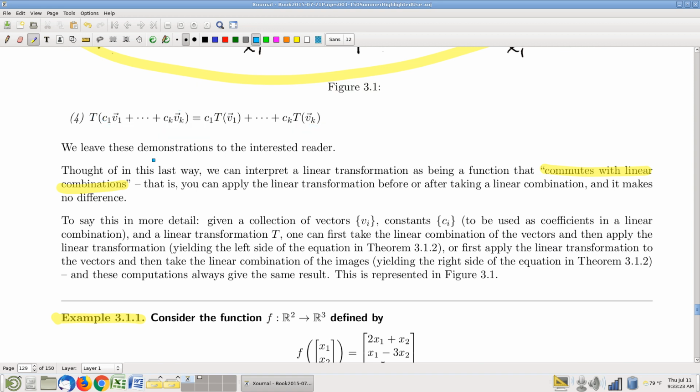So it is equivalent to say that a linear transformation plays nice with arbitrary linear combinations.